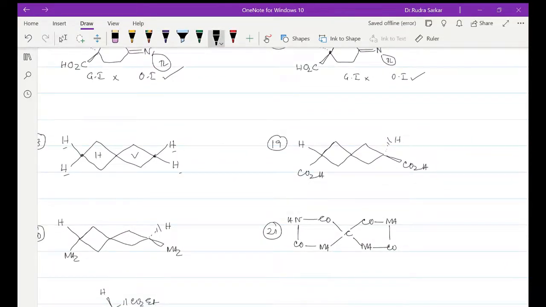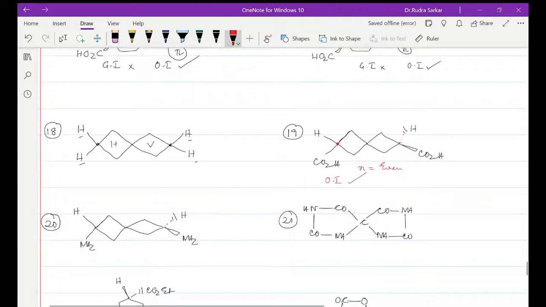Now over here, if the N is even, then again it is optical isomerism that will be possible, and since at the terminal carbon both the groups are different, obviously it will show optical isomerism.